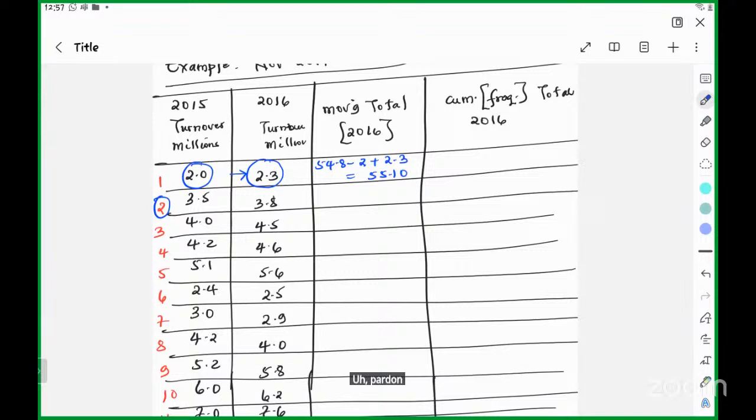Pardon. Come again? What's your challenge? Tell me. Moving totals. Yeah, what's the challenge? What's not clear? That's what I'm asking. Please go ahead.